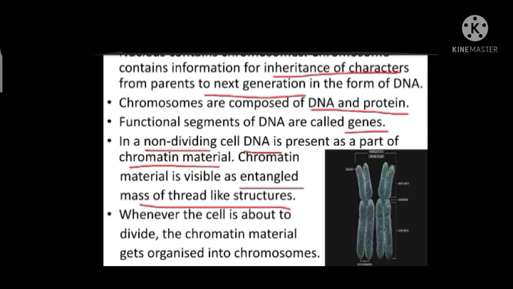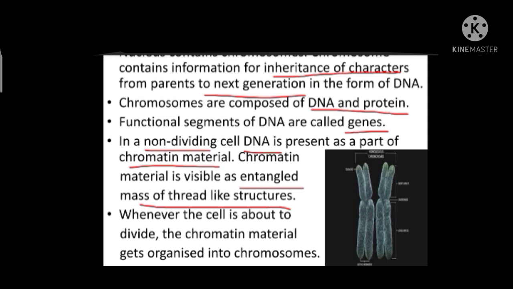So that is said to be chromatin. In a non-dividing cell, the DNA is present as a part of the chromatin material, which can be seen as an entangled mass of very thin thread-like structures.